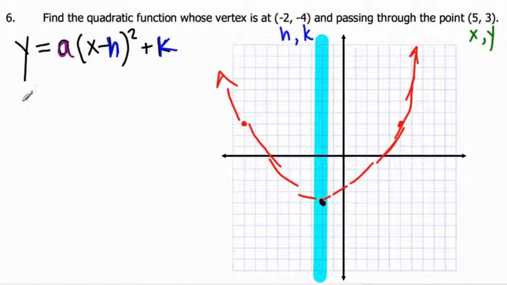Instead of y, we're going to put a 3 because that's what y is equal to, equals, we still don't know what a is. We're going to temporarily put in x equals 5. We do know what h is. It is -2, so instead of minus -2, I'll put plus 2.